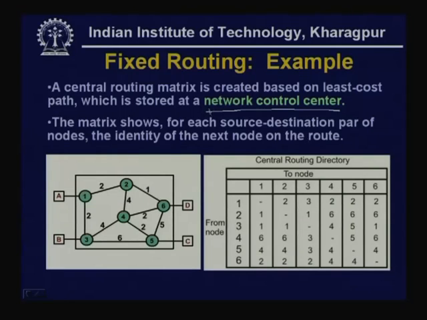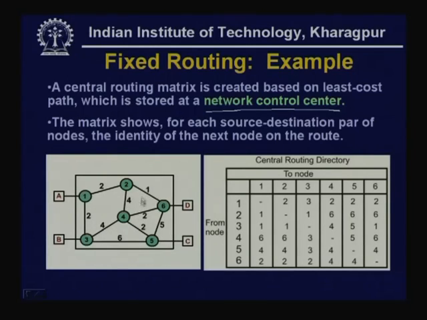Here, suppose from node 1 you have to send a packet to node 6, then to which next node does it have to be forwarded? For example, from 1, if it is going to 6, then the next node to be forwarded to is 2, and the cost of each link is given here.